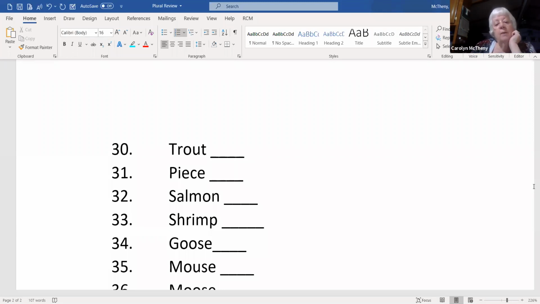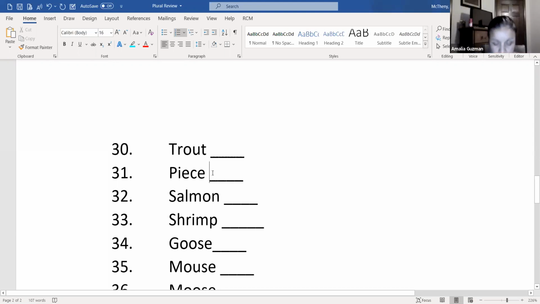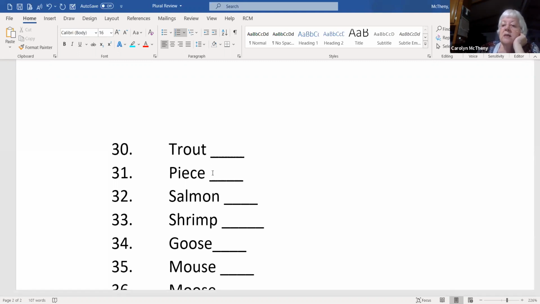This next word, number 31, will explain it. The word piece. Pieces. Okay. So what do we need to add to the end of the word piece? Just an S. Pieces.